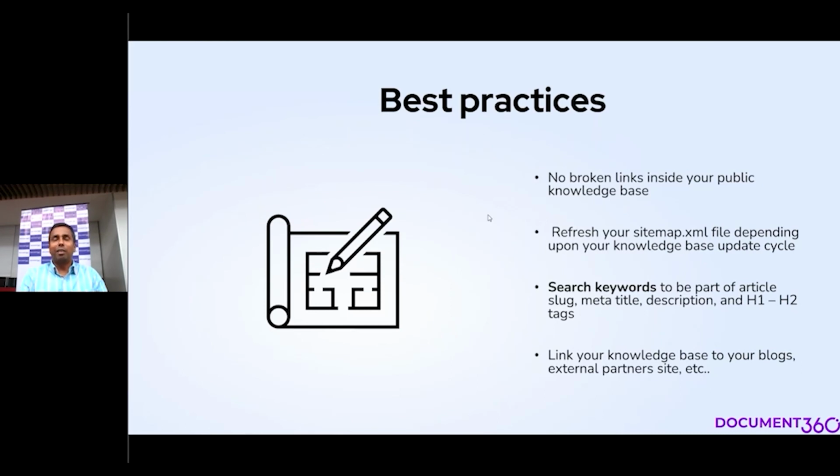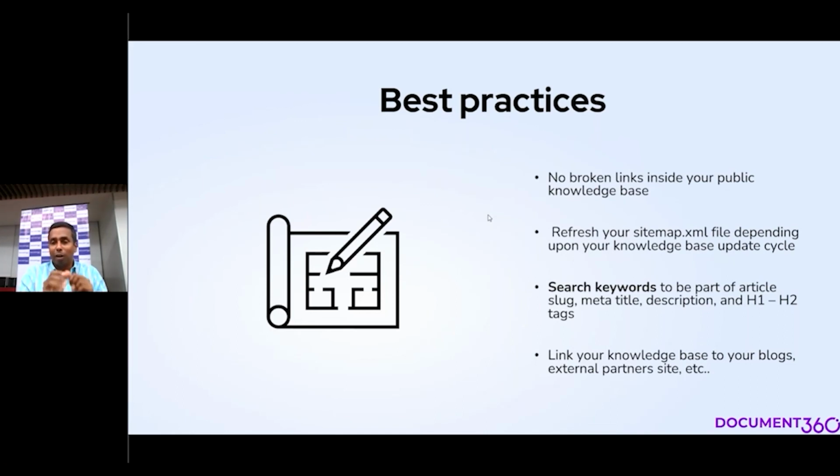The other aspect is, again, the broken links. You need to periodically check for broken links in your knowledge base and ensure you fix them for good customer experience. Refresh your sitemap often and also submit it to Google, depending upon how frequently you update your content.